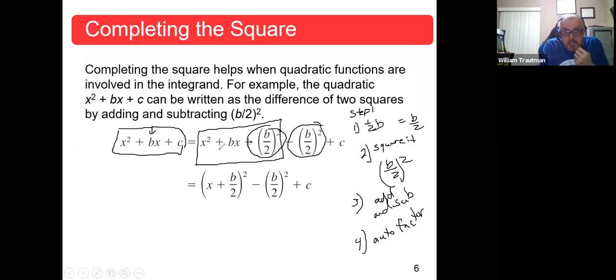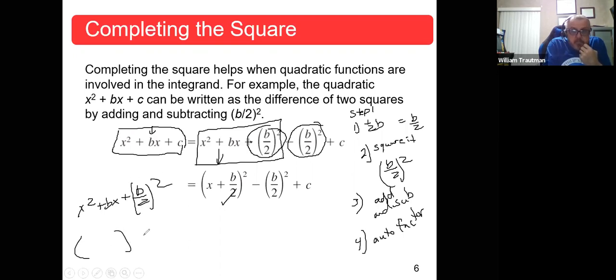Since this is a plus, it factors automatically to this. If you factor x squared plus bx plus b squared over 4, you get x plus b over 2, times x plus b over 2. Since this is a plus, they're both plus.